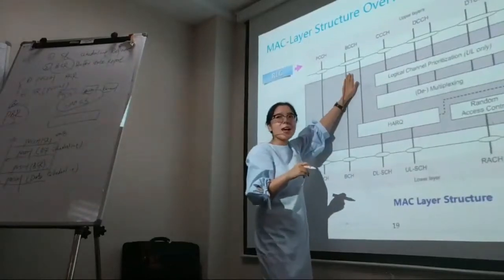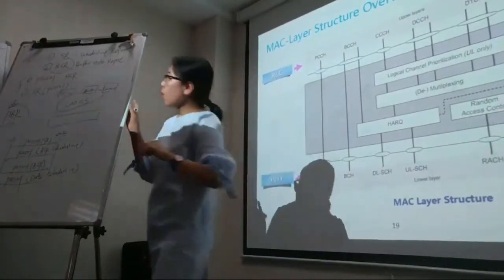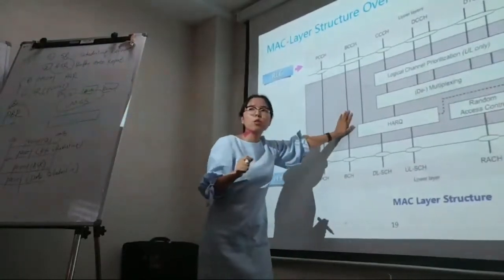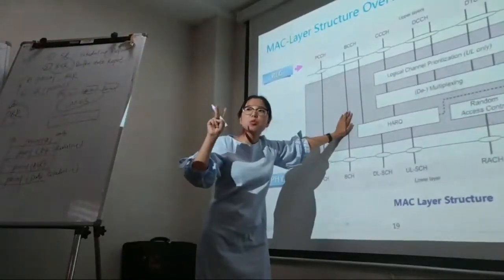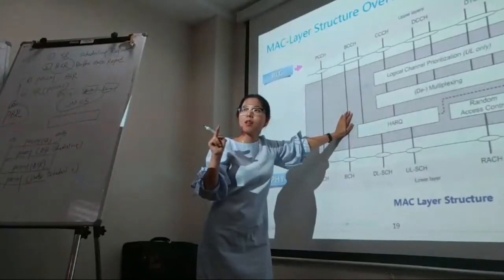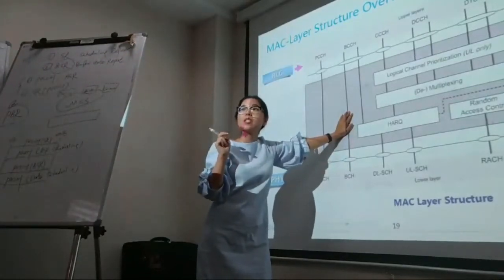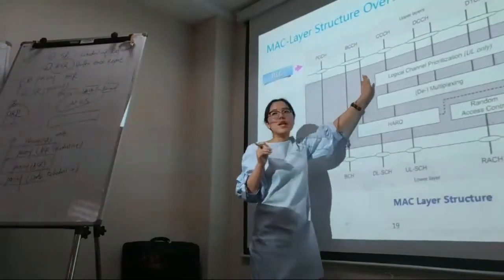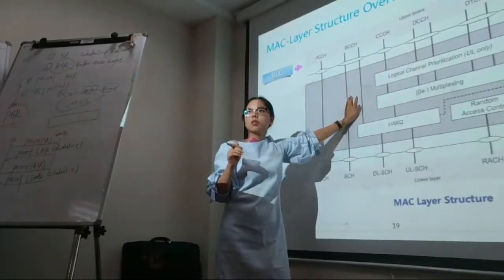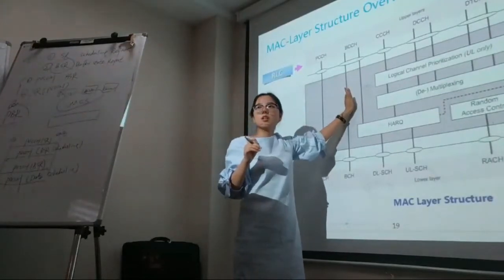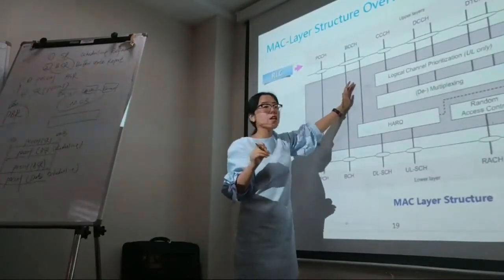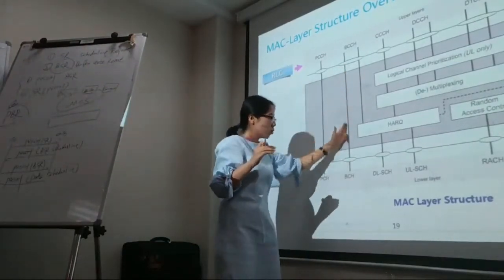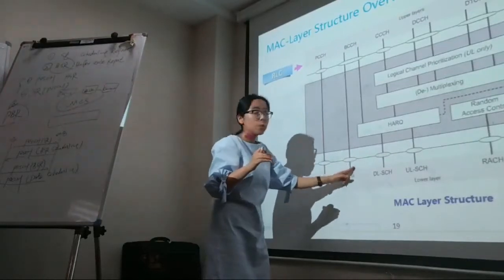So for the BCCH, we know it contains two parts of information, right? One is MIB, one is SIBs. Which one is MIB, which one is SIB? The left is MIB. So for the PBCH, the MIB information goes through to the BCH.